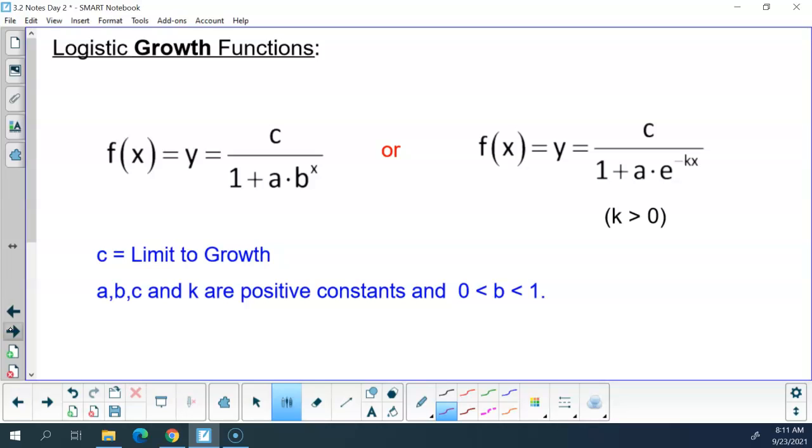So it's C, which is our limit to growth, over 1 plus a times b to the x power. A times b to the x power is the exponential part of it. But then it grows faster than the C, and that's where the leveling off part is.